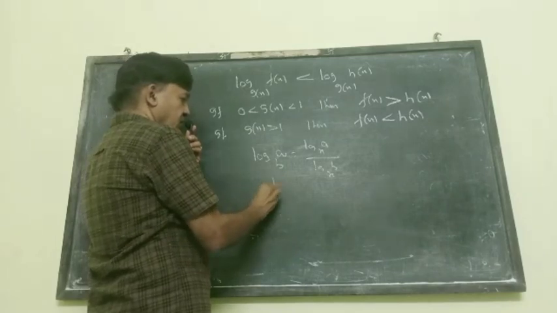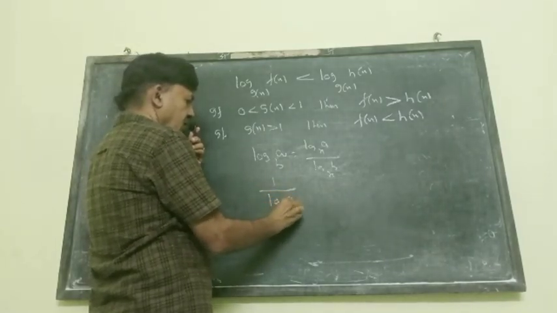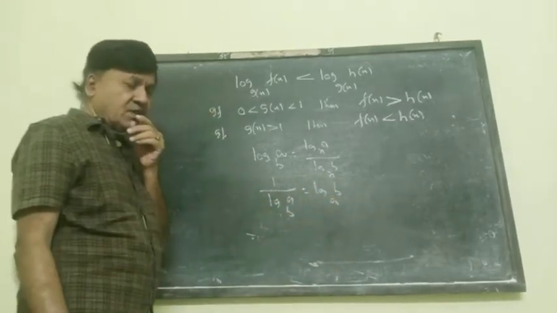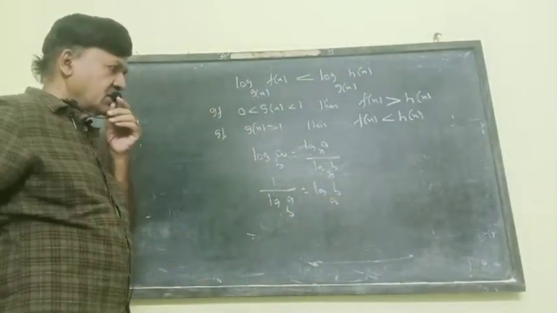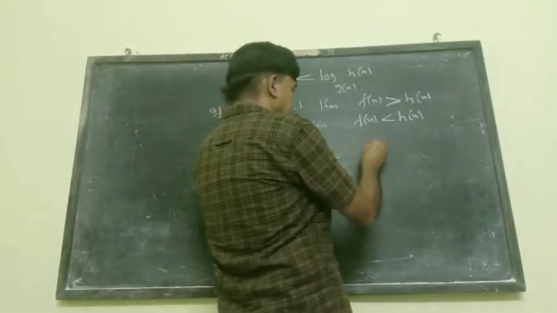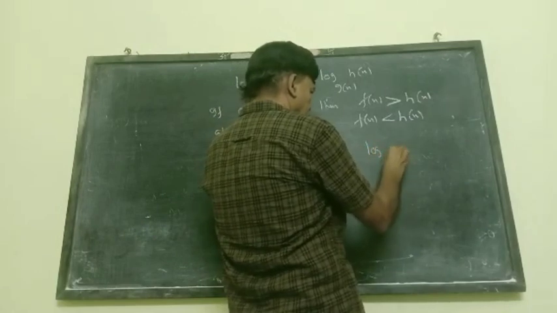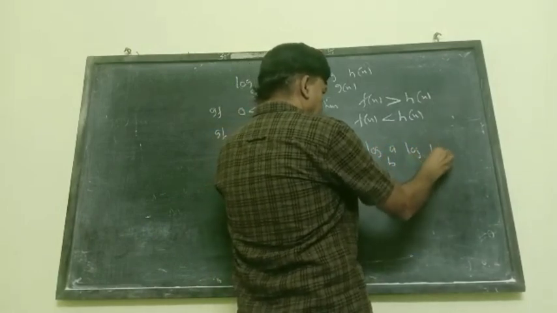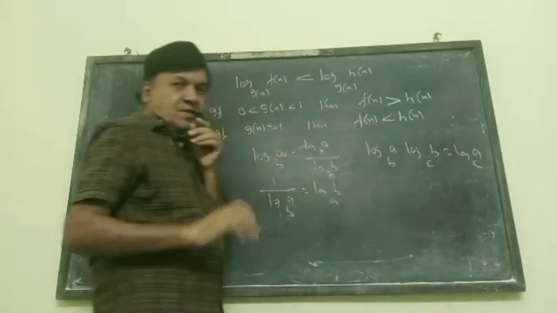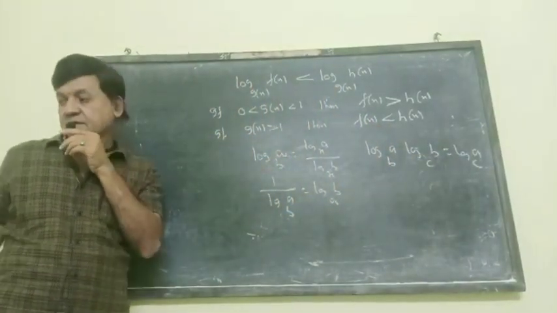Next, 1 by log a to base b is equal to log b to base a. Right? The next point is, you also remember this, log a to base b times log b to base c is log a to base c. Right?